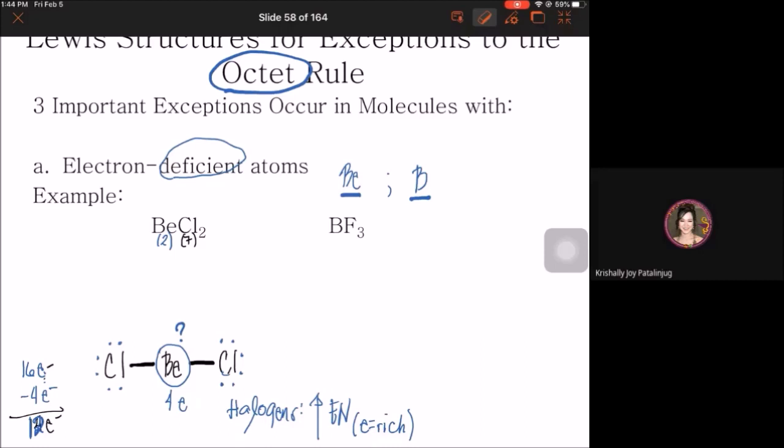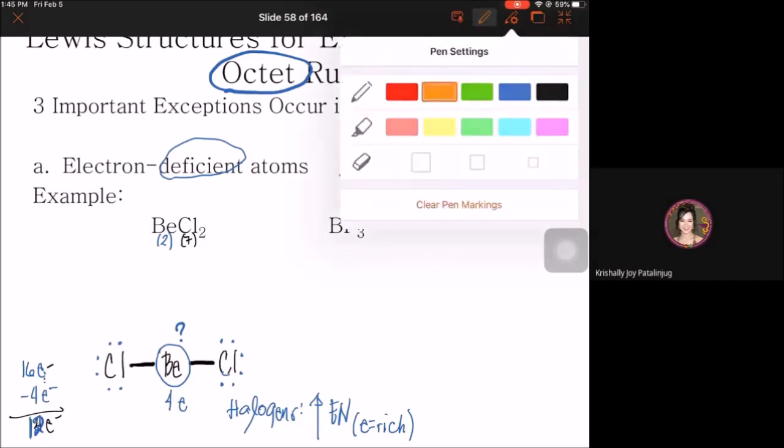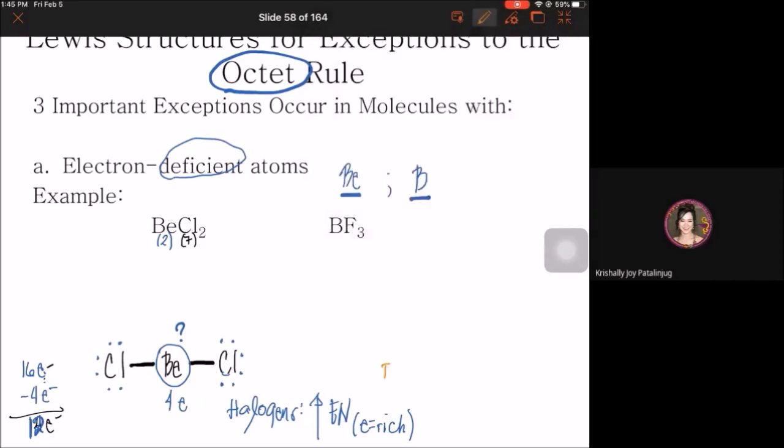Di ba, formal charge is equivalent to number of valence electrons, minus the number of unshared electrons, okay? Then minus mo yung number of bonds. Yan yung formal charge.